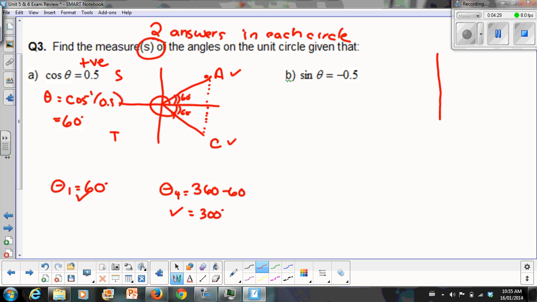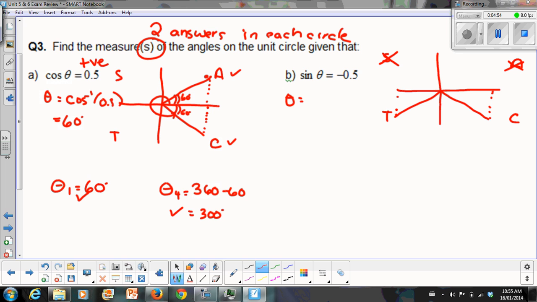For part B, we're doing the same thing with the sine ratio. This time we're looking at the sine ratio being negative, meaning we are looking at the bottom 2 quadrants where sine is not positive. We are looking at a triangle with a terminal arm in quadrant 3 and in quadrant 4.